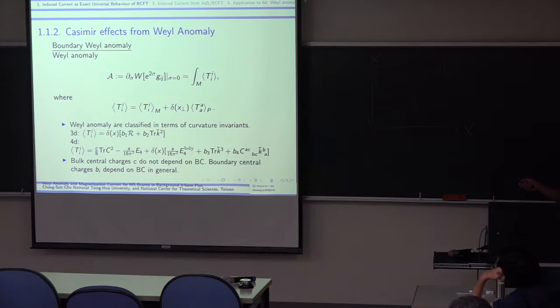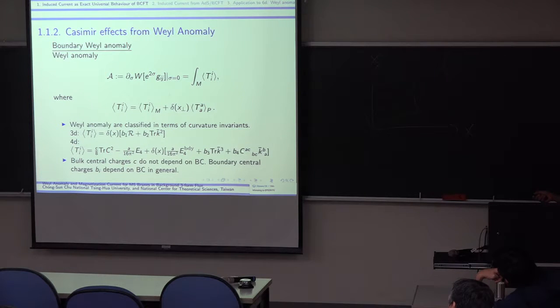For the sake of this talk, I will be interested only in the boundary contribution. So when I talk about the Weyl anomaly, I really mean the boundary Weyl anomaly.